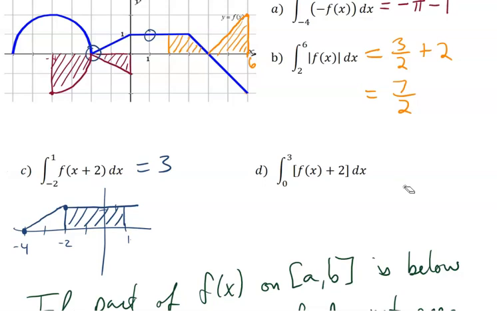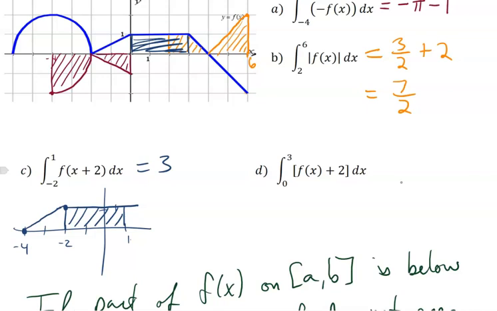So if I go back to the original graph, the original function here, the integral from -2 to 1 of the shifted graph is the same thing as the integral from 0 to 3. So this right here on the original graph.